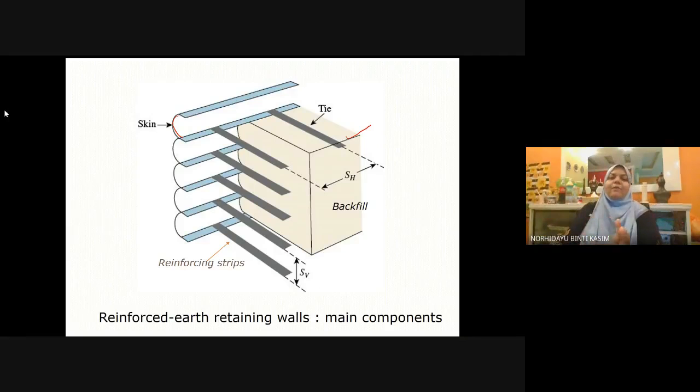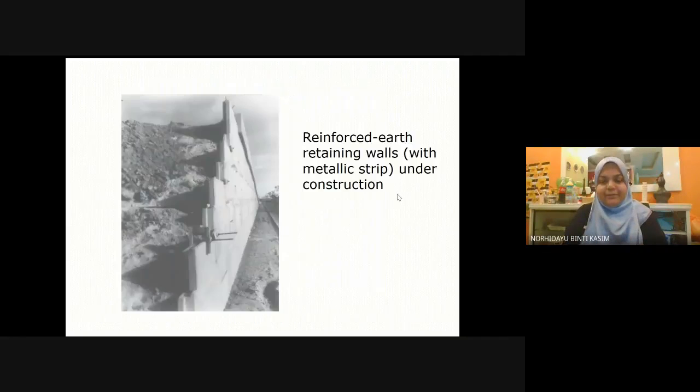So you have to be familiar with the components. This photo shows the reinforced retaining wall. We have the skin here using precast concrete slab, and then we have the metal strip and the backfill.